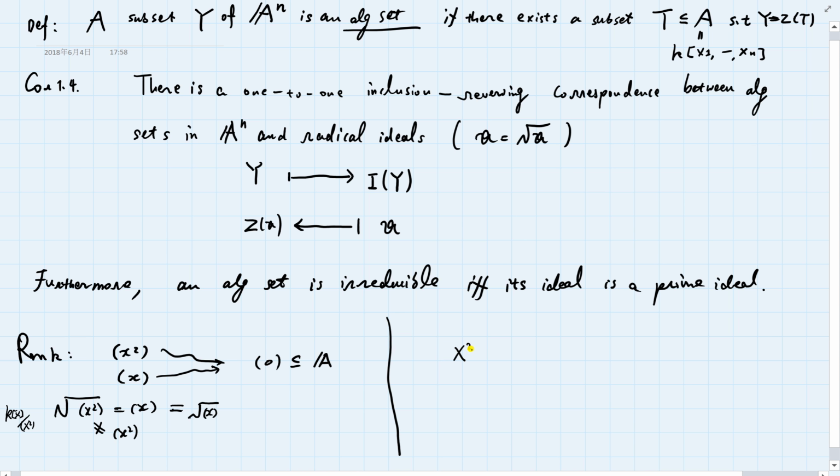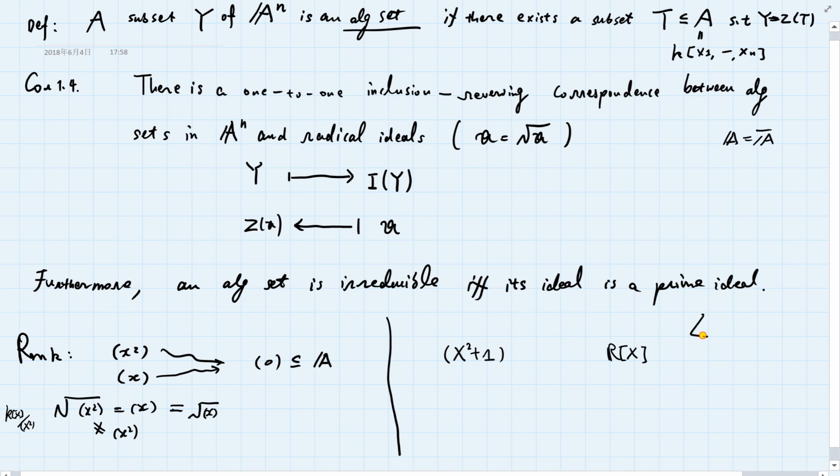For example, x squared plus 1, surely in the algebraically closed case. As we said, if you are in R[x], this is a prime ideal.